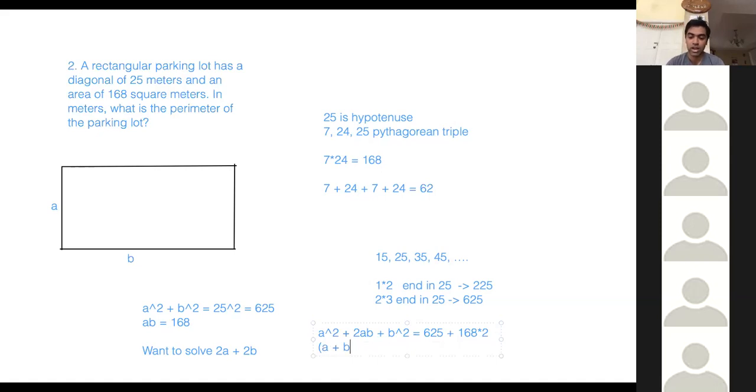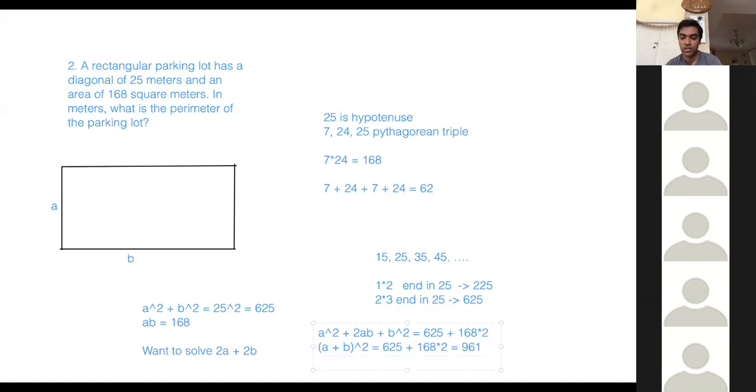Okay, so A plus B whole squared is 625 plus 168 times 2. What is that? 961.